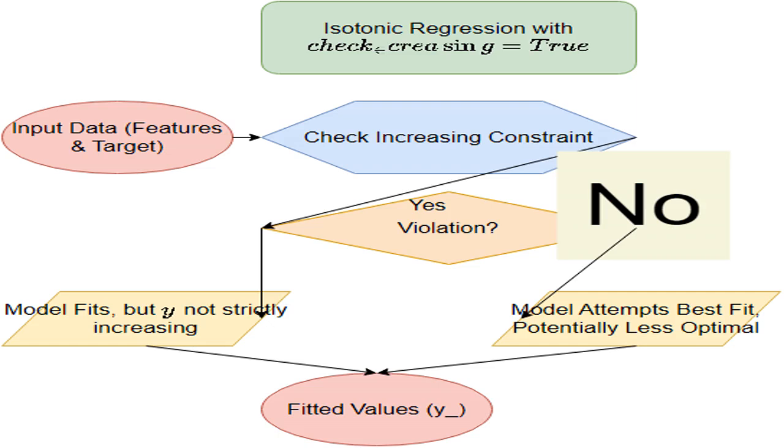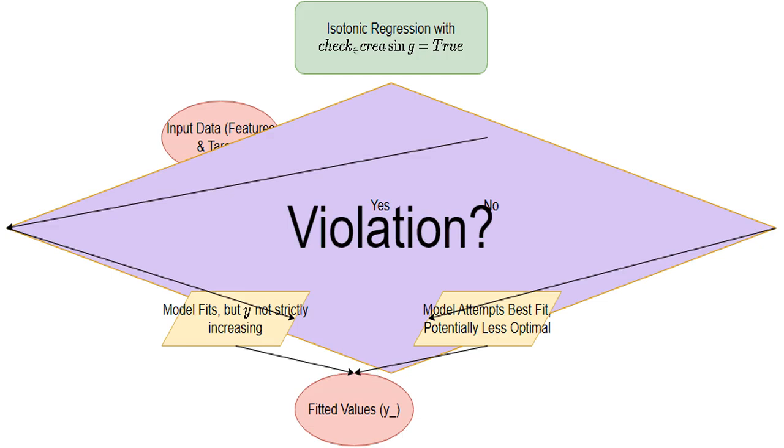If the input data does not violate the condition, then the model can produce a result according to the input. Even if my data doesn't perfectly follow the increasing rule, the model still tries its best to fit the data. However, the predicted values, y_, might not be strictly increasing. Some might be equal, but none will be smaller than the previous value for a bigger input value.